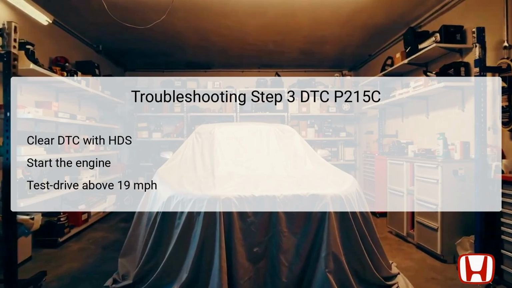During the test drive, it is crucial to maintain a speed above 19 miles per hour, 30 kilometers per hour, for a minimum of 30 seconds. This condition allows the vehicle's systems to operate under normal driving scenarios. After completing this test, technicians should monitor the onboard diagnostic status using the HDS for the P215C code once again. The goal is to determine whether the failure reoccurs under these conditions, providing clear insights on how to proceed further in resolving the issue.